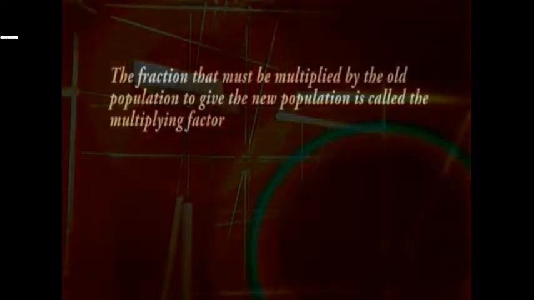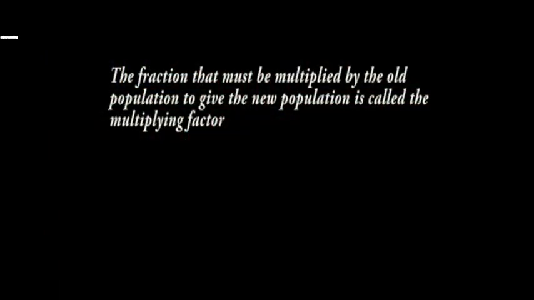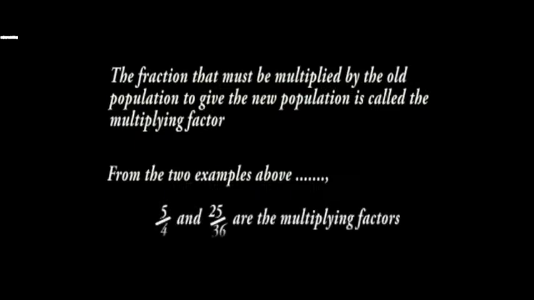The fraction that must be multiplied by old population to give the new population is called the multiplying factor. In our case, 5 over 4 and 25 over 36 are the multiplying factors. Please note the arrangement of the ratio to form fractions in the respective scenarios, that is, increase and decrease.